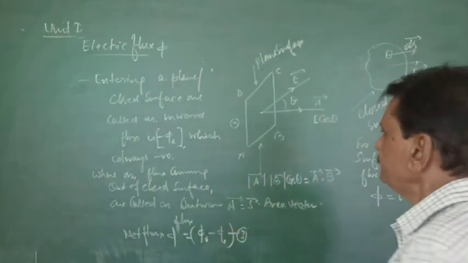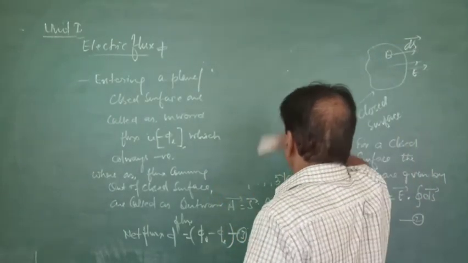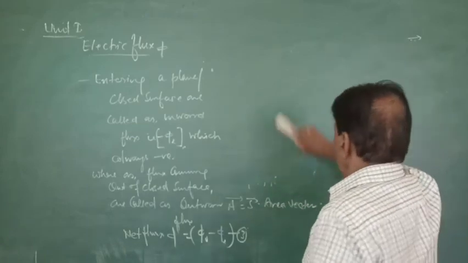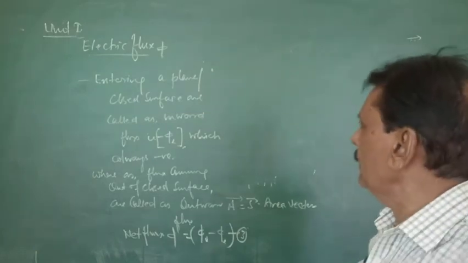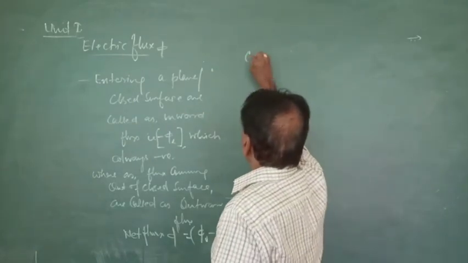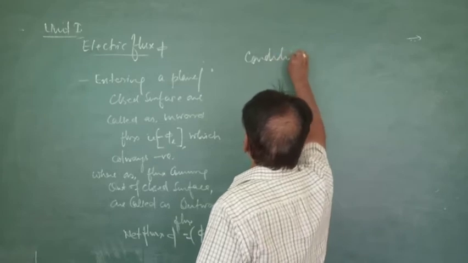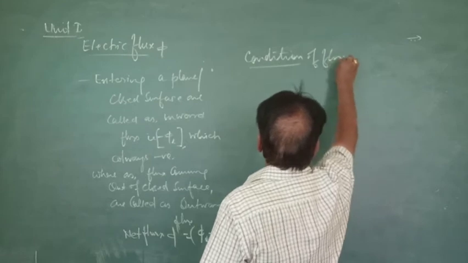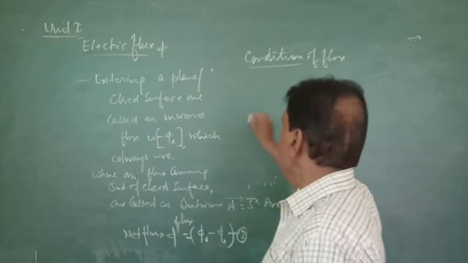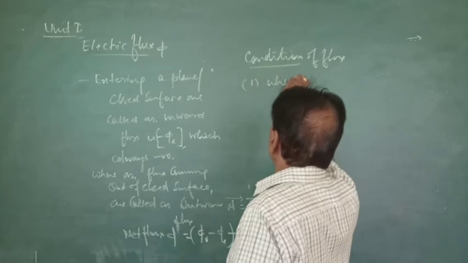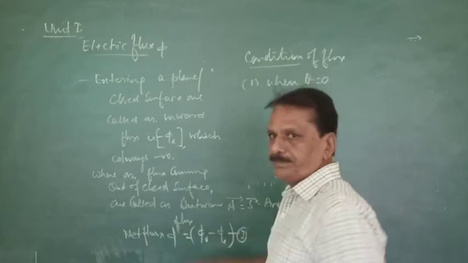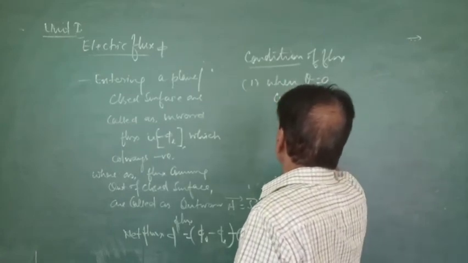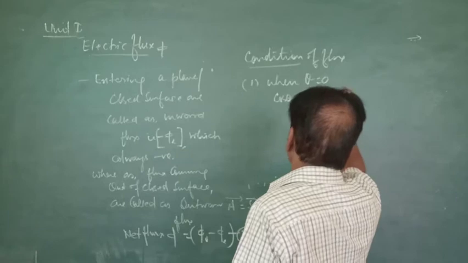Now by equation 1 we find two conditions of flux. First, when theta is 0, that is cos theta is cos 0, that is 1.